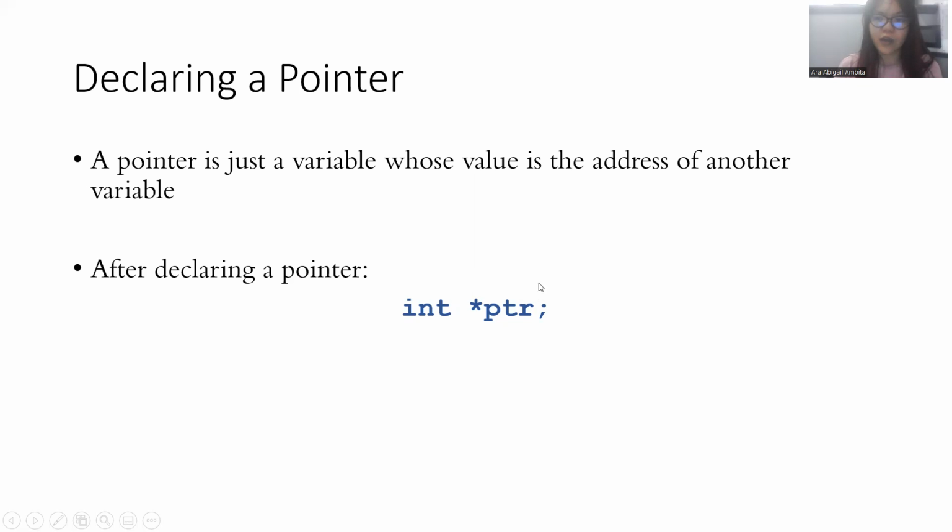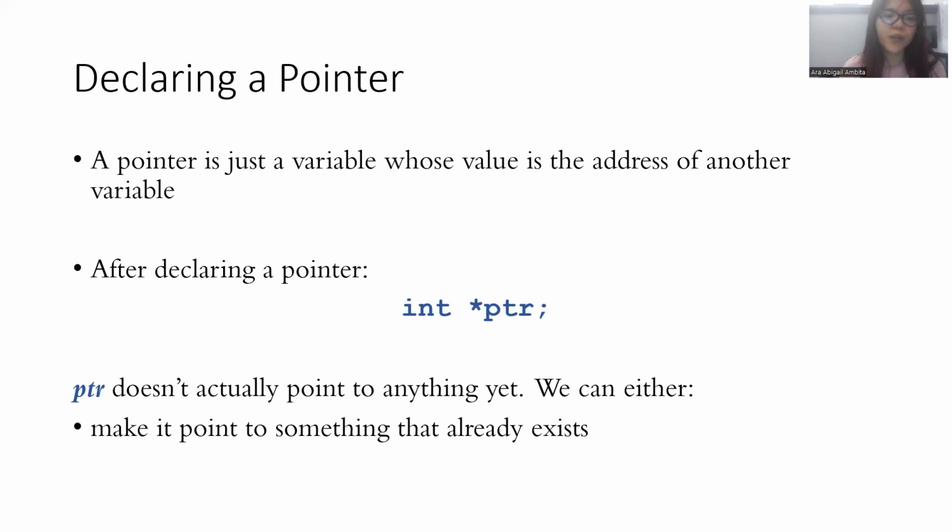So how can we tell the compiler that we are declaring a pointer? What we can do is add this pointer operator, the asterisk, before the name of the variable. The pointer that we have declared here doesn't actually point to anything yet. As you can see, we have not assigned any address to our pointer.